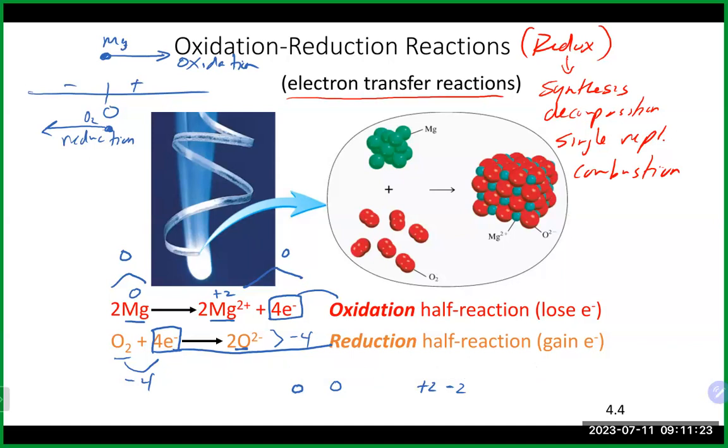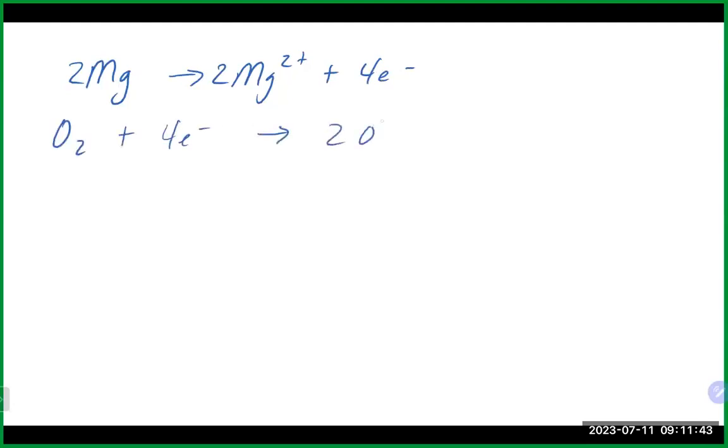So if we look at this here, if we take our magnesiums and our oxygens, and again our oxidation and our reduction half reaction, when we add these together, and when you have basic sort of simple redox reactions like these two half reactions, there's one thing that you have to make sure is the same in both reactions before you add them together, and that is the electron.